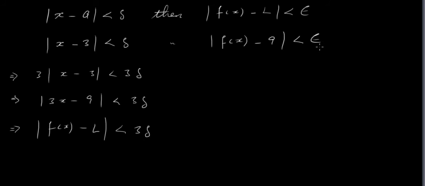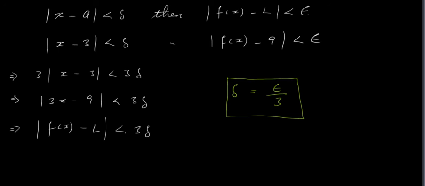So what I'm going to do is define this delta, for this particular function, as being epsilon over 3. Delta is epsilon divided by 3.